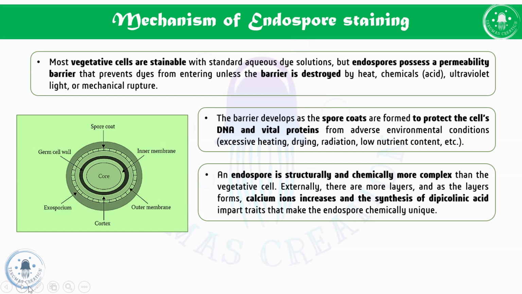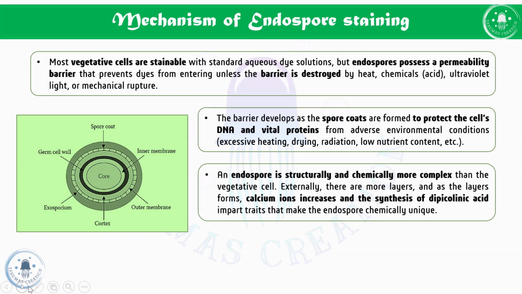Obviously, as you can see in the picture of the structure, they are more complex. Now externally there are more layers, and as the layers form, calcium ions increase, and the synthesis of dipicolinic acid imparts the trait that makes the endospore chemically unique.